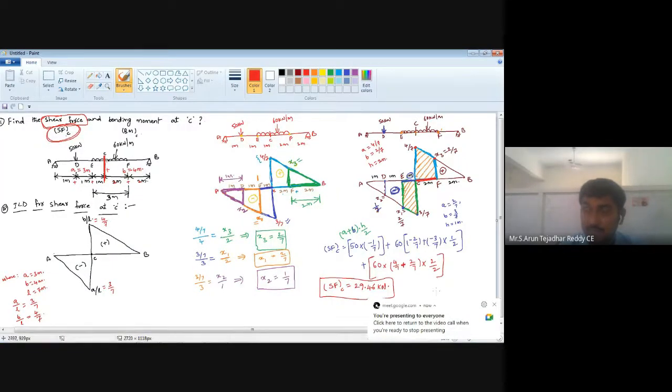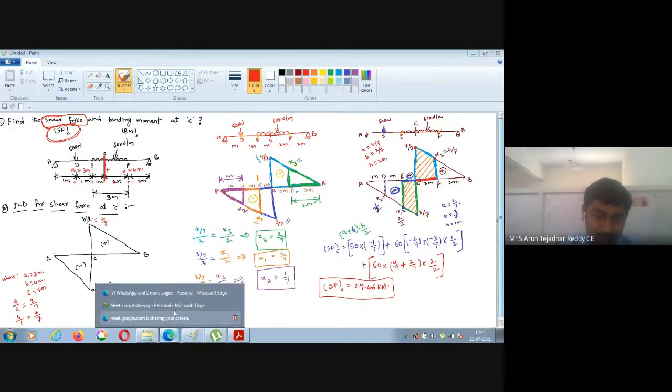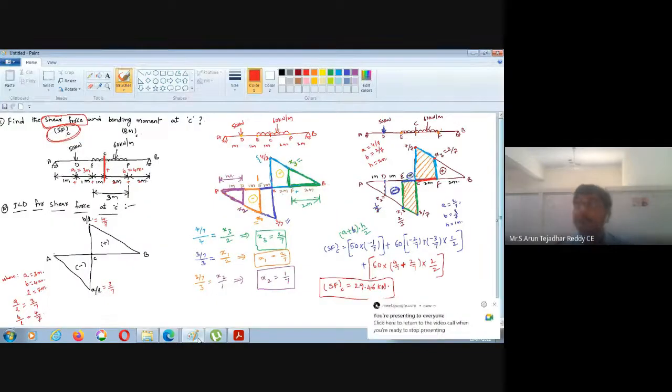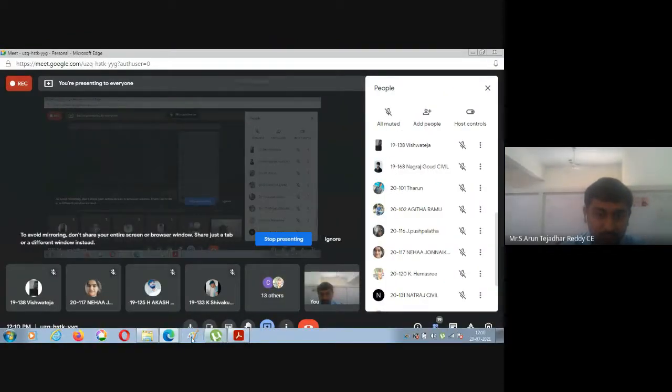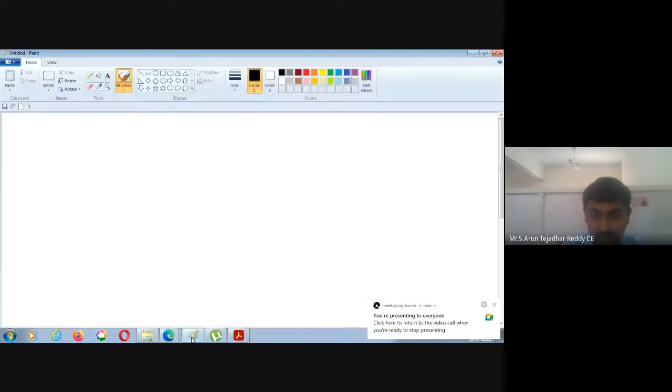So next we'll calculate bending moment at C. 168 Nagaraj. 101 Tarun.